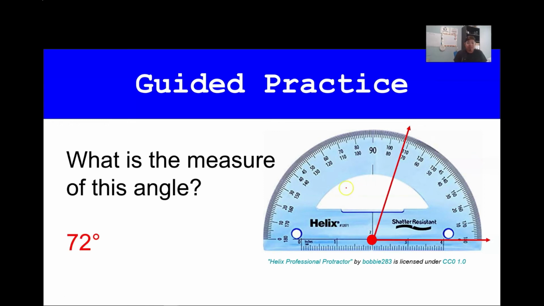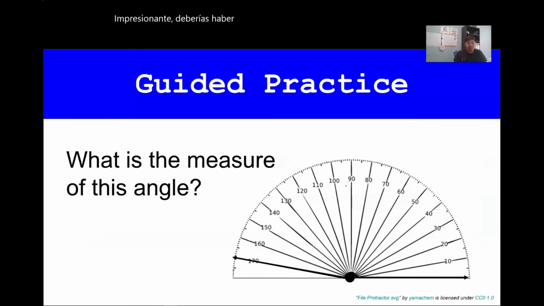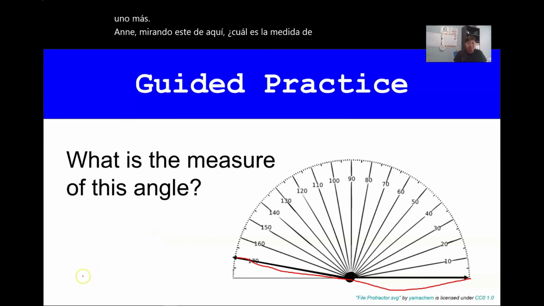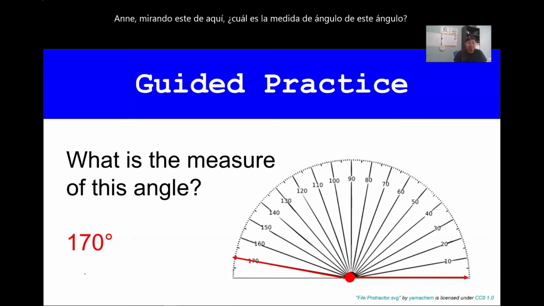Awesome, you should have gotten 72 degrees. Let's go ahead and look at one more. Looking at this one right here, what is the angle measurement of this angle? You should have gotten 170 degrees. Correct. Good job.